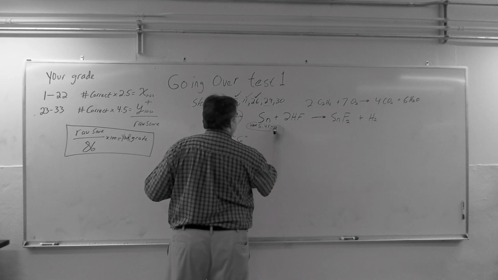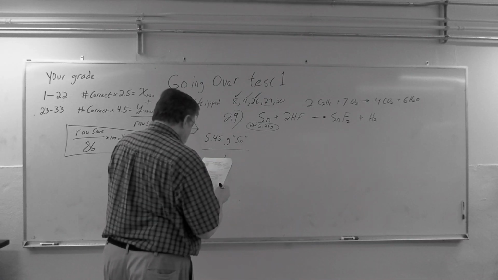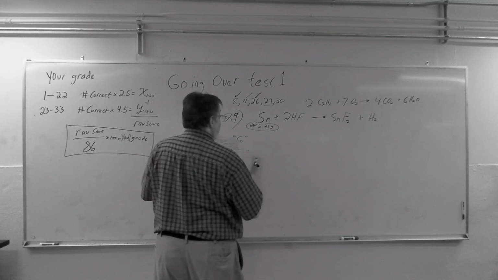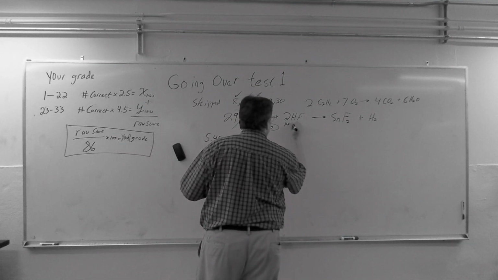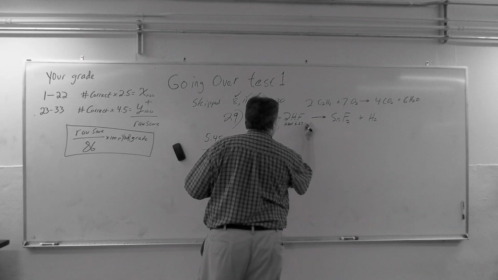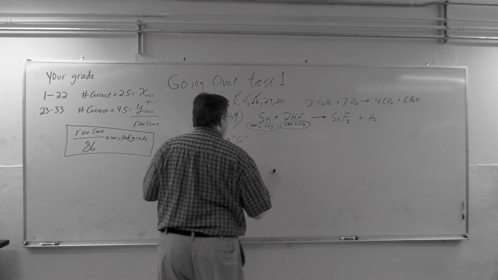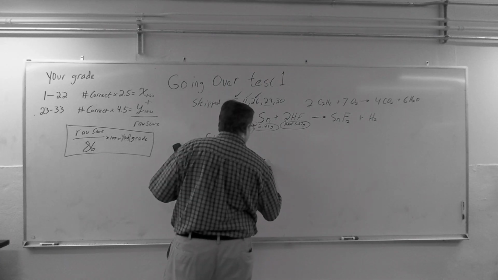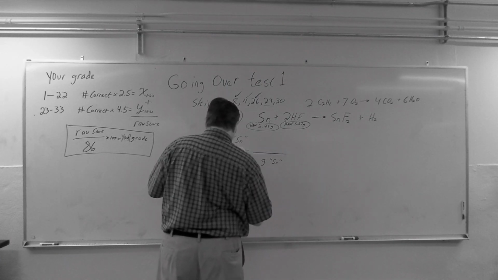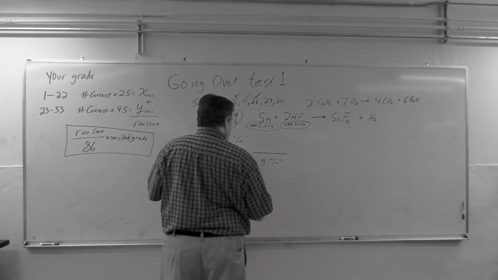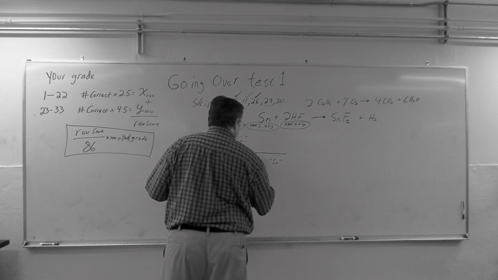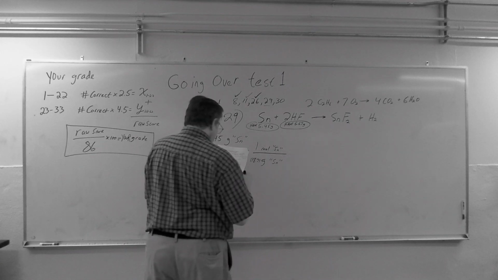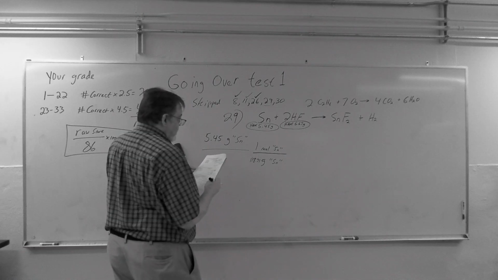This is what we have of Sn, and what we have of HF, 5.67 grams of HF. But I chose to compare Sn first, so grams of Sn. I'll give you that 118.71. 118.71 is 1 mole of Sn, and that's what it says on the periodic table, but I still put it here for you.